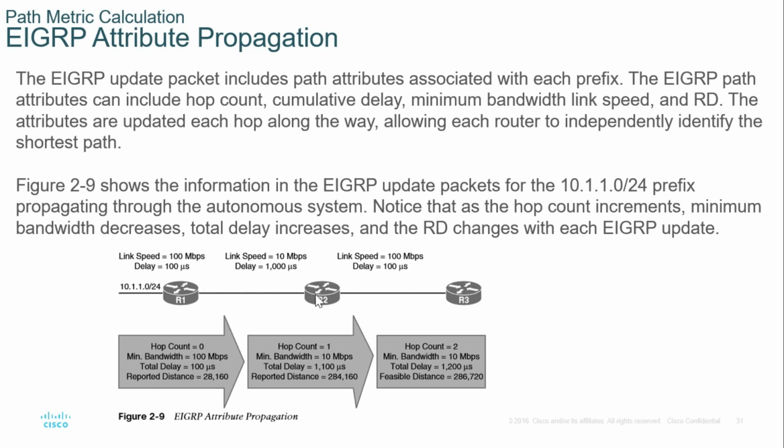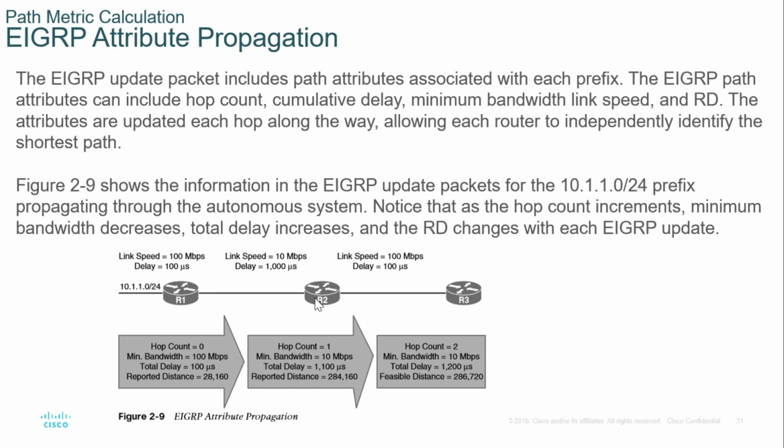When it sends the update to its neighbor, router 2 will also calculate using the formula. Since the link between R1 and R2 is 10 megabits per second, the calculated value is slightly different, and when it sends, it increments the hop count.